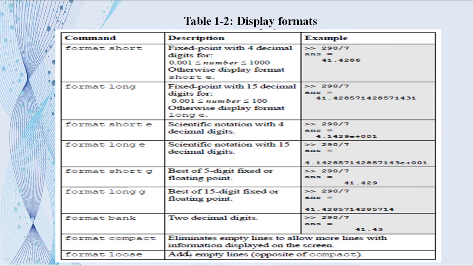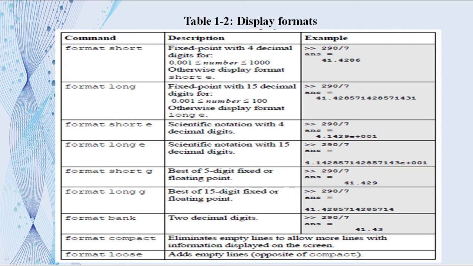Format compact eliminates empty lines to allow more lines with information to display on the screen. So whenever you have unexpected empty lines in the display, we can reduce them by typing format compact. That gives compact details of the program.